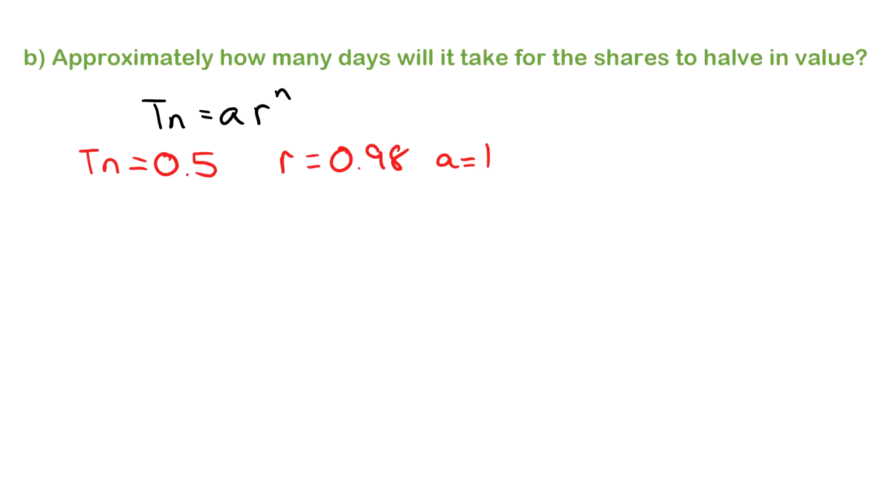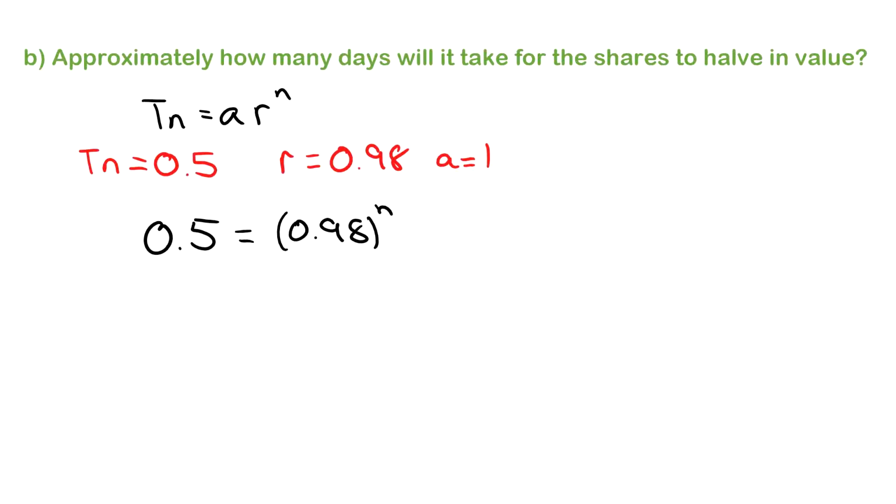Substituting, 0.5 = 0.98ⁿ. I want that N, and the opposite of a power is the natural log.